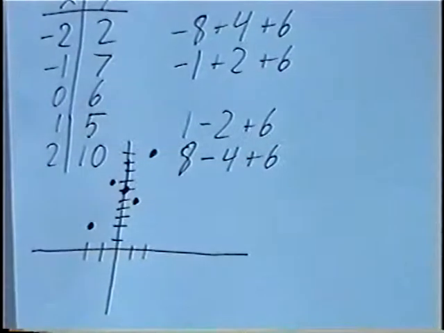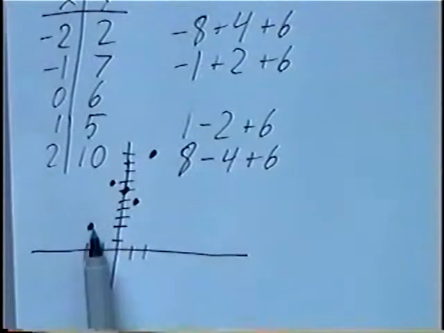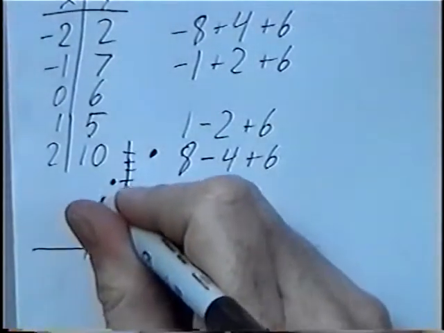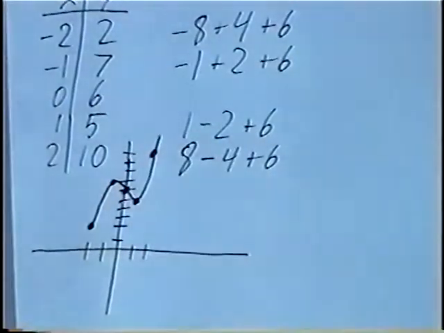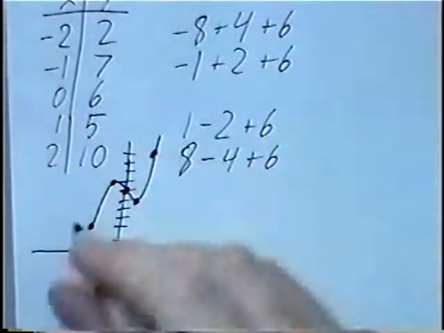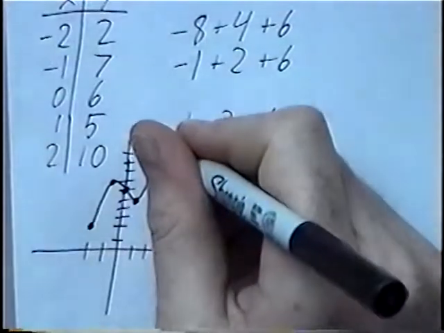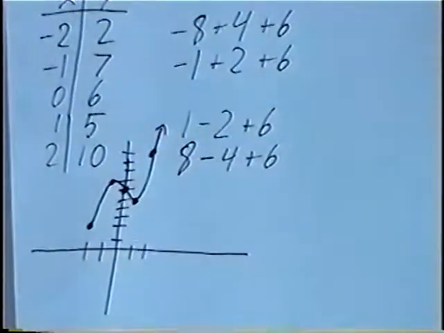So graphing the 5 points, we'll connect them in order from left to right that we graphed. And we'll get a shape that looks similar to the graph that we originally thought it would be, which is starting at the bottom left and going to the top right.